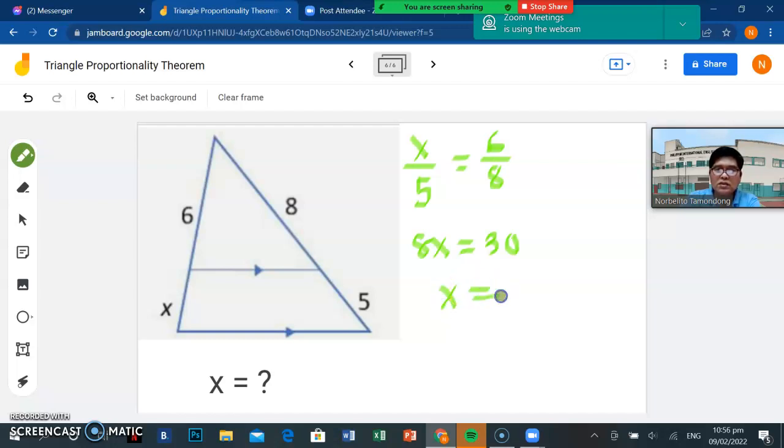So x equal to 30 over 8. Dividing both by 2, 15 over 4. So x is equal to 15 over 4, or simply that is 3 3/4, or 3.75.